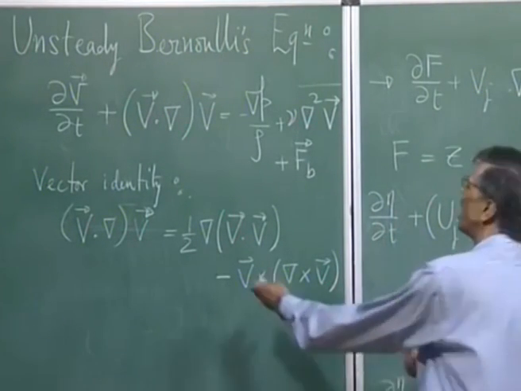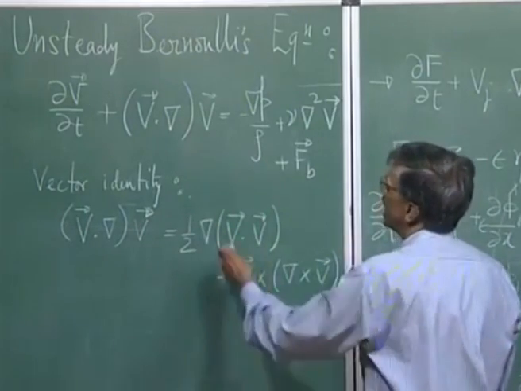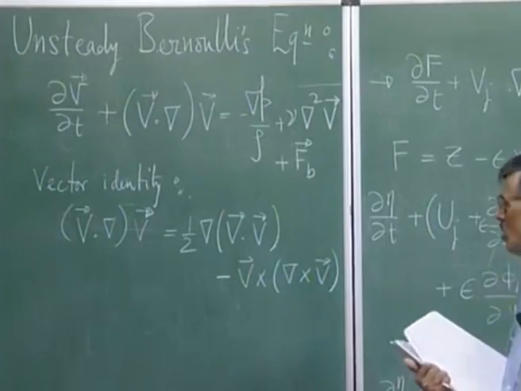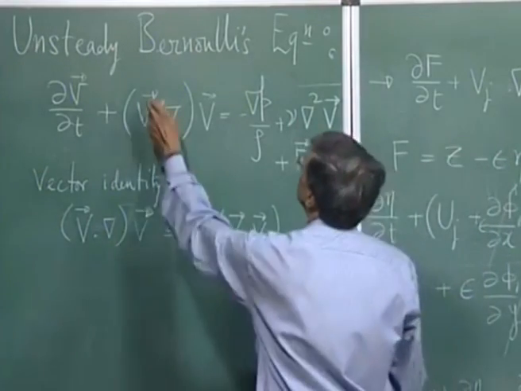So, this is something like gradient of v square by 2, something like specific kinetic energy, right. So, we can substitute it here.